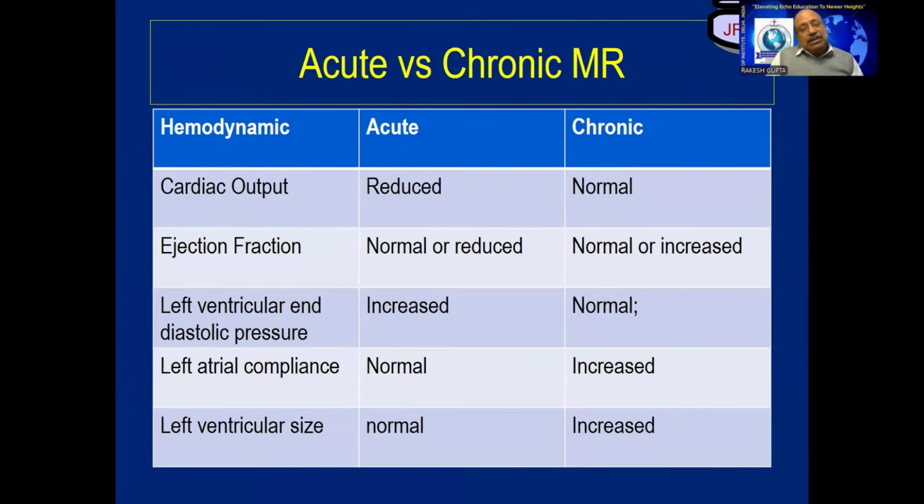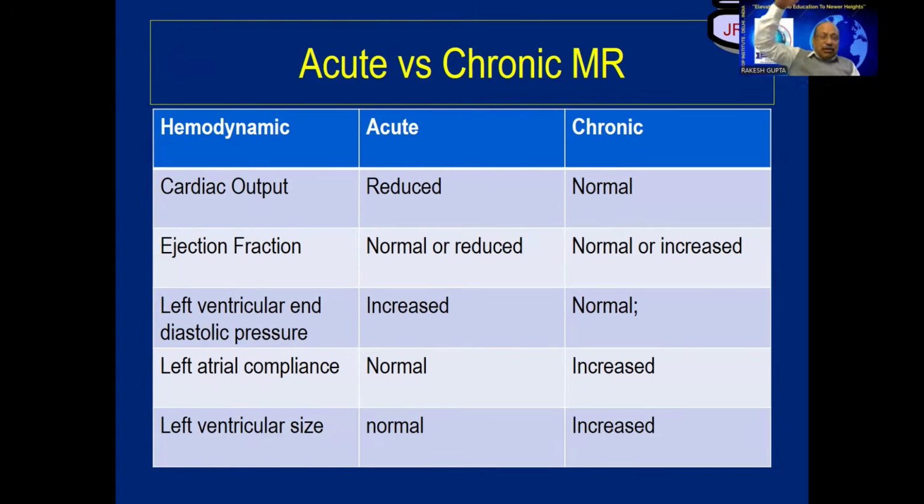During your medical college, you must have learned acute MR, non-adapted LA. So what exactly happens? The conditions where my LA and LV are normal in size, but my heart is suddenly exposed to a lot of blood. So what's the presentation? These people present to casualty with acute LVF because the LA is not able to adapt. And when the LA is not able to adapt, all the pressure is shifted to the lungs.